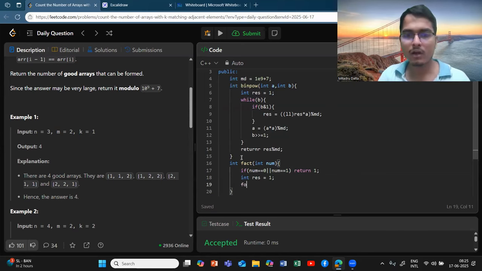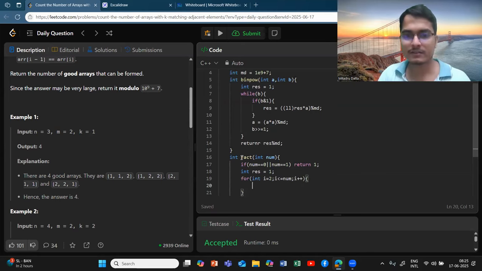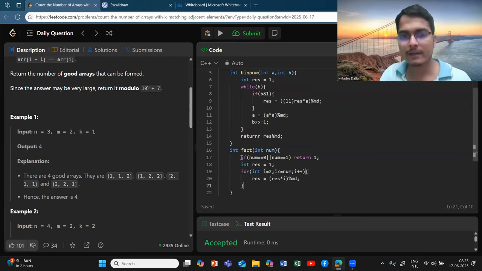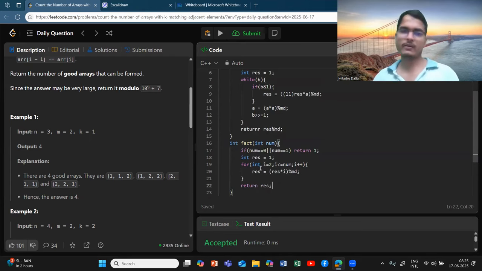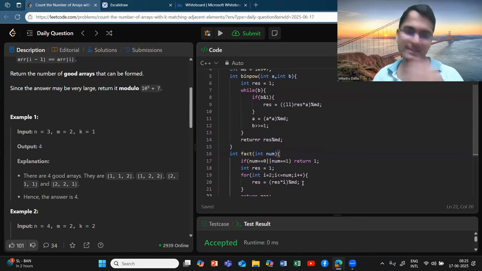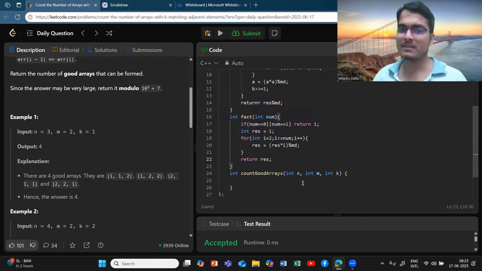So you go all the way from int i equals 2, i less than or equal to num, i plus plus, and you multiply this result into i. Take the mod, don't forget it, and you return result. I think this is very easy. From 1, I just keep multiplying this i. That's how I calculate factorial.